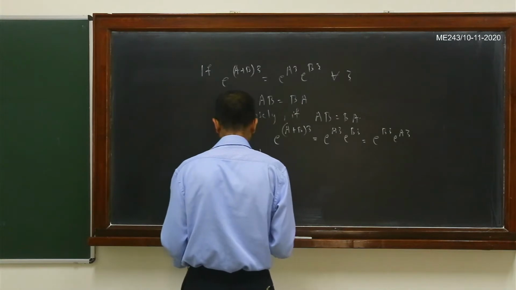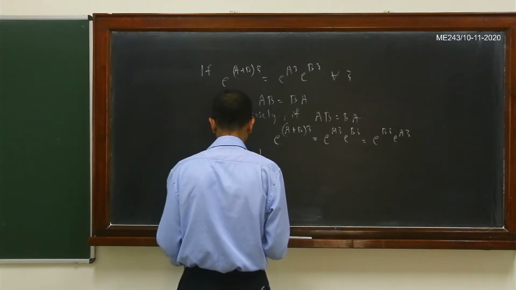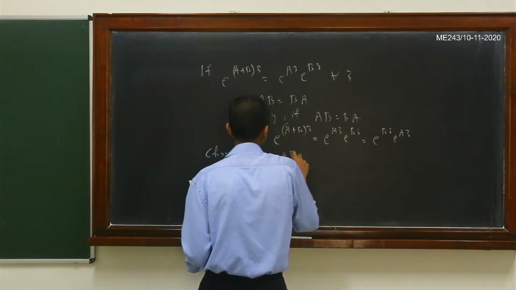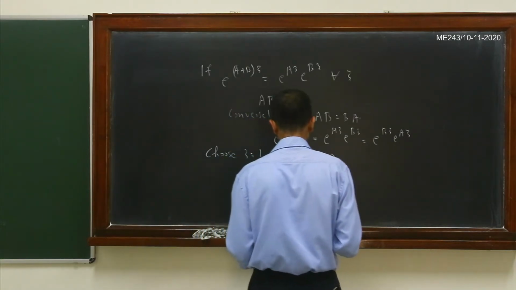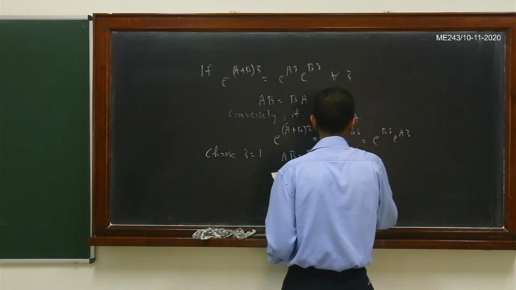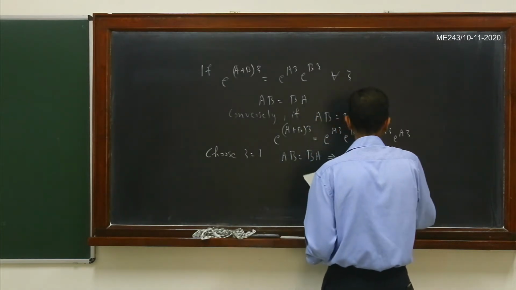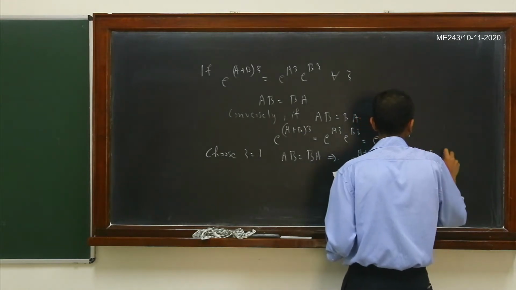If we take now this xi to be 1, then AB is equal to BA implies that e to the (A plus B) is equal to e to the A e to the B, which is also equal to e to the B e to the A.